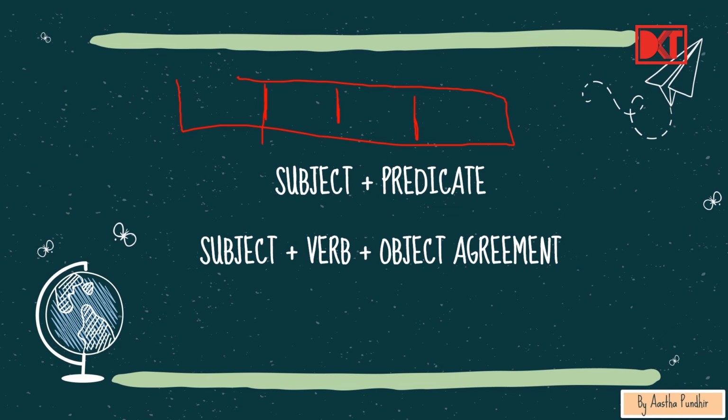They will not be making any meaning to you. So you will have to read them and solve it by taking care of the subject and predicate and the subject verb object agreement. That's what we will be discussing in the questions as and when they come.